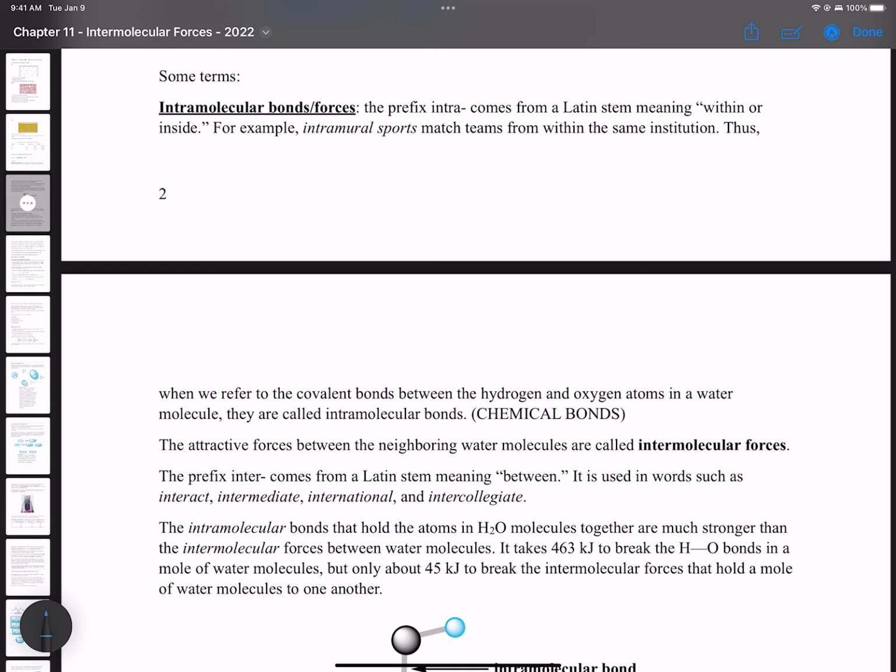Inter means between. Think of interact, intermediate, something that connects two things, international, and intercollegiate. Intermolecular forces are the attractive forces that attract molecules to molecules. It has nothing to do with the attraction between atoms, okay?